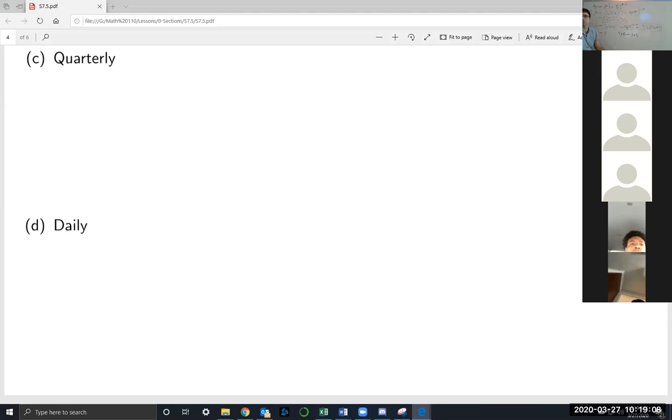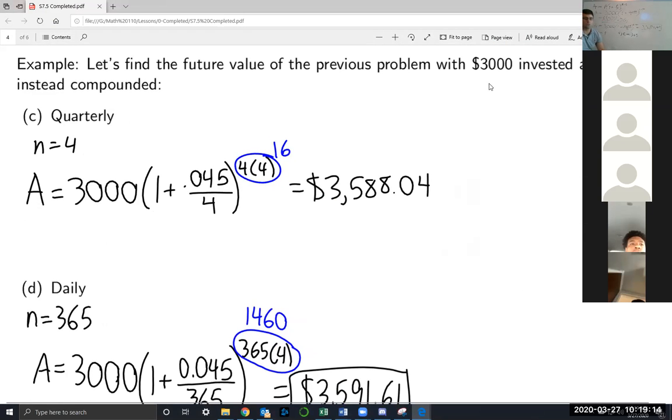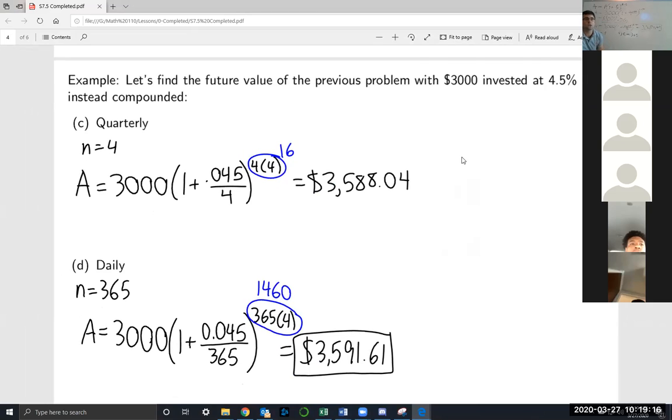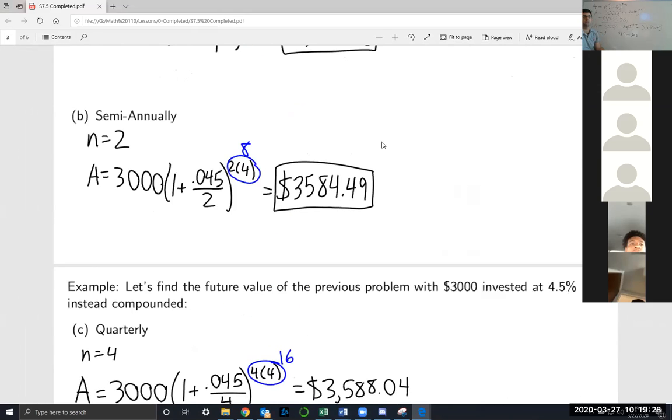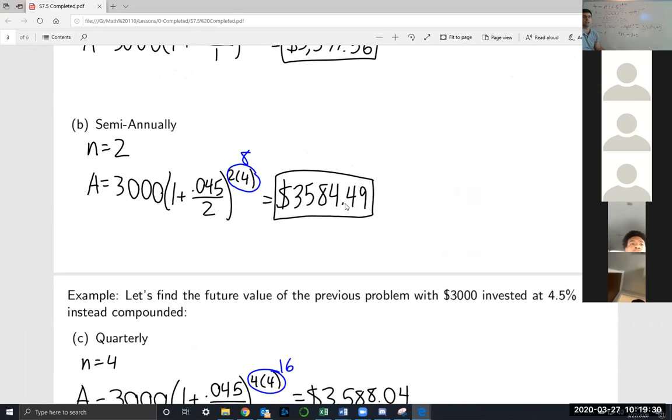So I'll let y'all see what those two would look like. So in quarterly, N equals 4, and you get 3,588, which is, again, a little bit more than 84.